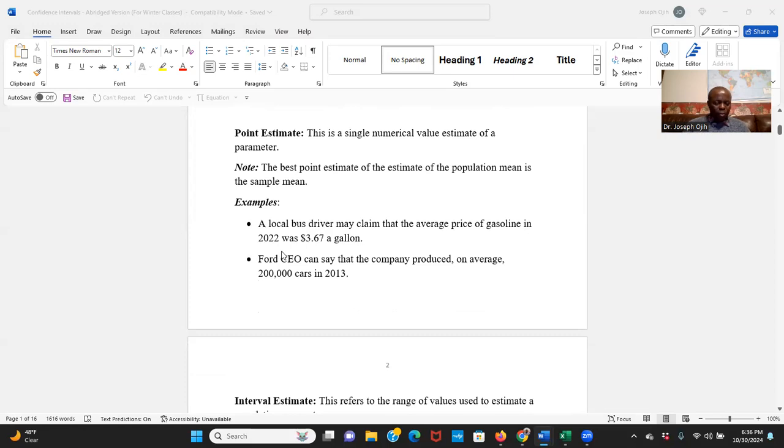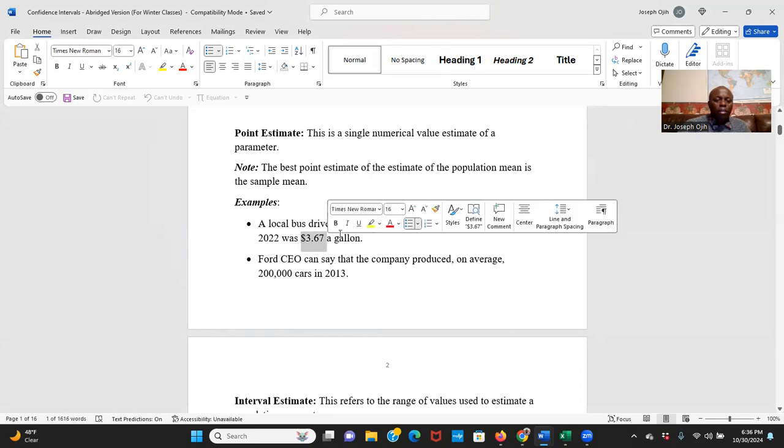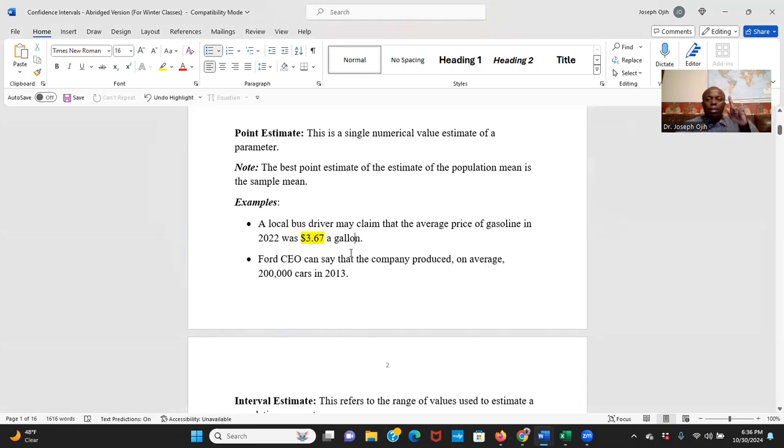If you look at the screen, a local bus driver may claim that the average price of gasoline in 2022 was $3.67. See, this is one number. That's why I call it a point estimate.